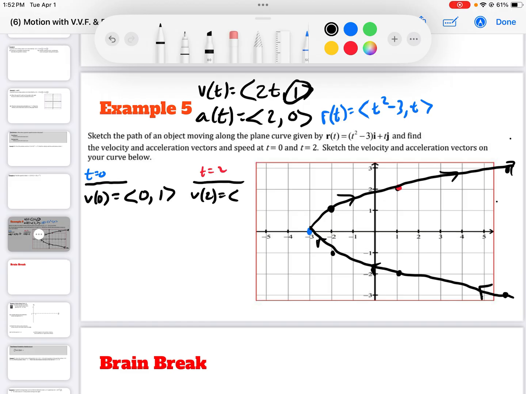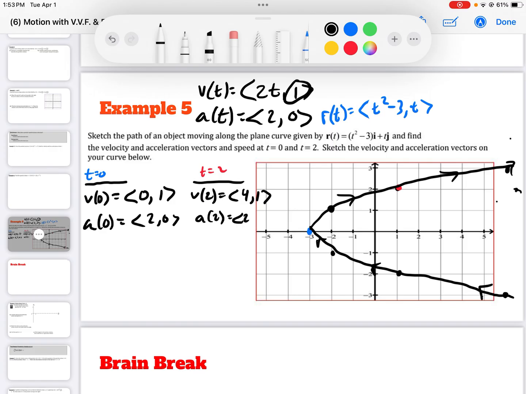So the velocity at 2 is equal to, what would that be, 4, 1? So what that's saying is at the point 4, 1, that red dot, the x number is positive 4, so it's going to the right, and the y number is 1, so it's going up at that rate of 1 unit per whatever unit. All right, the acceleration at 0, for when t is 0, it doesn't matter, still 2, 0.